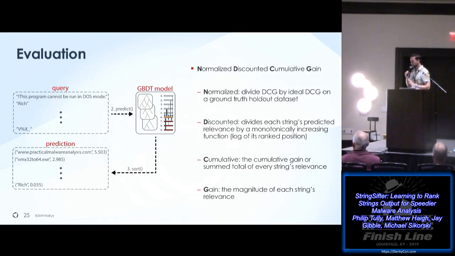Finally, we want to normalize this because different strings outputs will contain different numbers of strings. In order to have a good comparison of our algorithm across different strings outputs, you need to divide this by what would be the ideal discounted cumulative gain for that strings output.